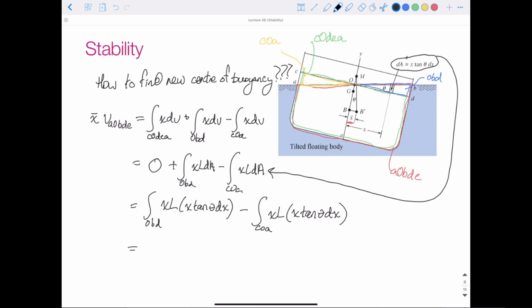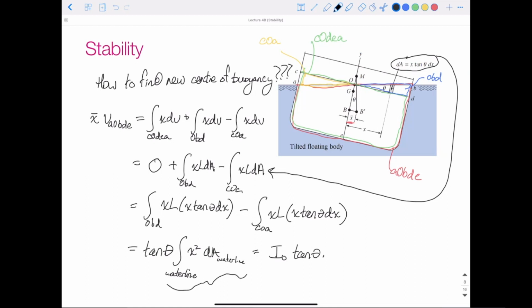Our tan theta can come out of these terms, and it simplifies to the integral over the footprint of the water line, times x squared dA of the water line. What we really care about now is just this final equation, I0 times tan theta.